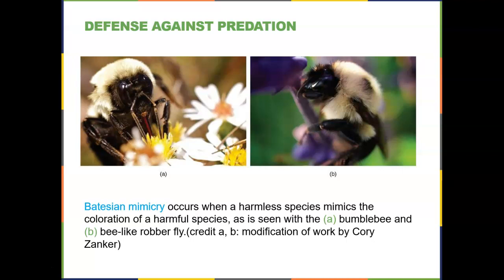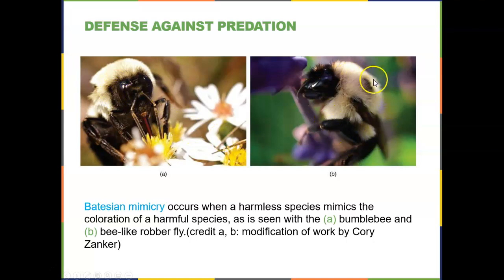Sometimes the defenses work by allowing an animal to hide behind another animal that does have one of those outward facing defenses. So for example, in Batesian mimicry, here we have a bee, which does have a painful sting if another animal tries to attack it.